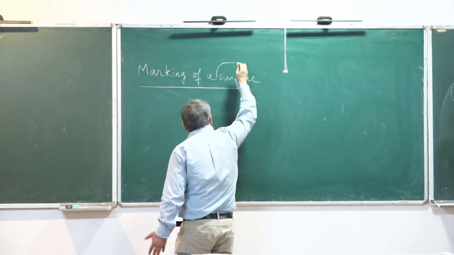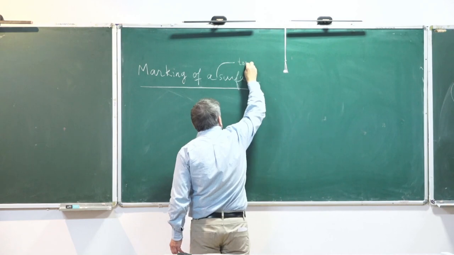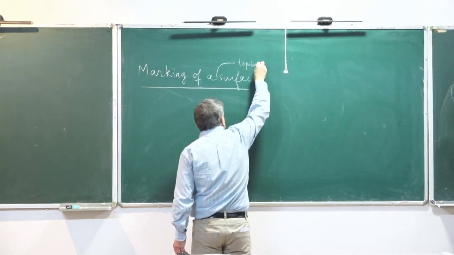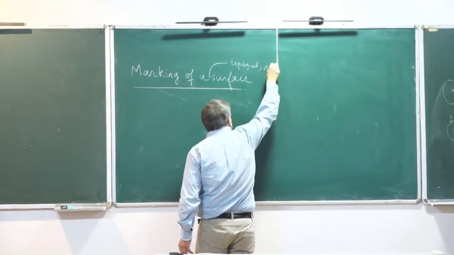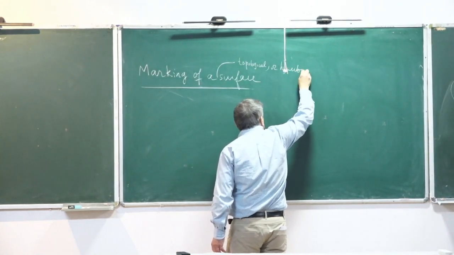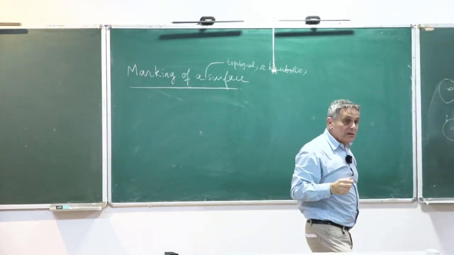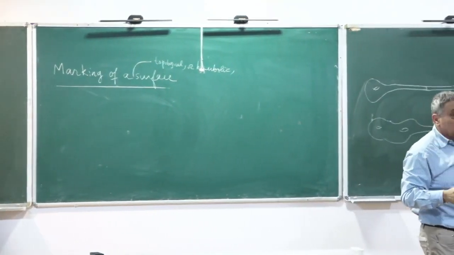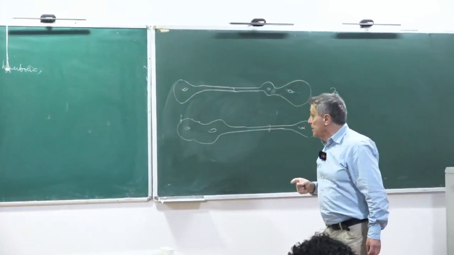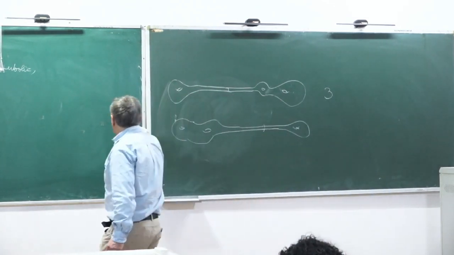of a surface. It could be of a topological surface or geometric, say hyperbolic surface, or even if it's on the torus, I have the marking of the torus. So let me tell you what is the marking of a surface, because this plays an important role here.